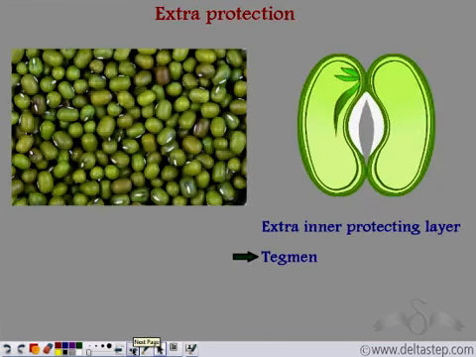Now, there are some seeds where there is an extra inner protecting layer. And this inner protecting layer is known as the tegmen. Seeds like beans have the testa as well as the tegmen to protect the embryo.